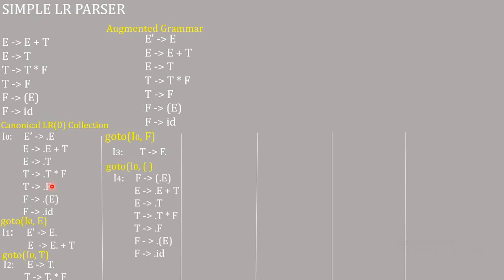That is, goto I0 comma open bracket. So when you say goto I0 comma open bracket, what does it mean? It means that you are trying to move the dot symbol to the next position, that is, after the open bracket in this production rule.